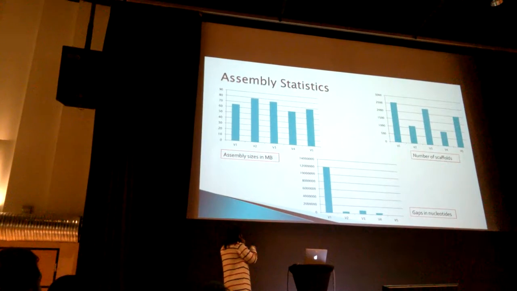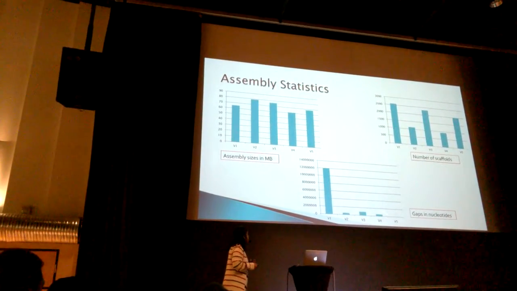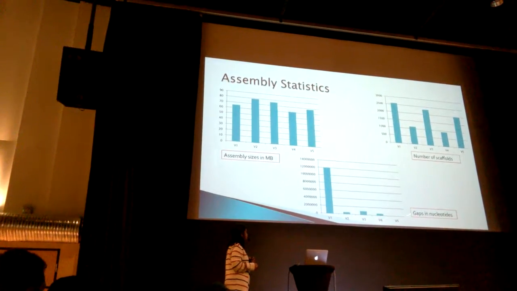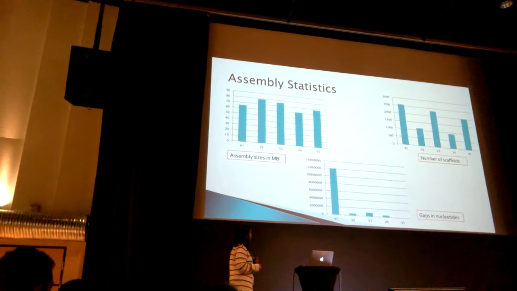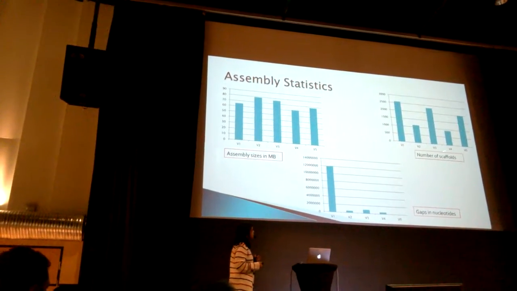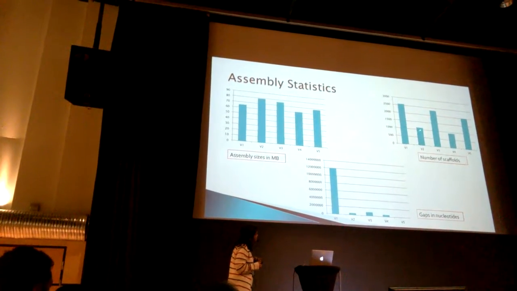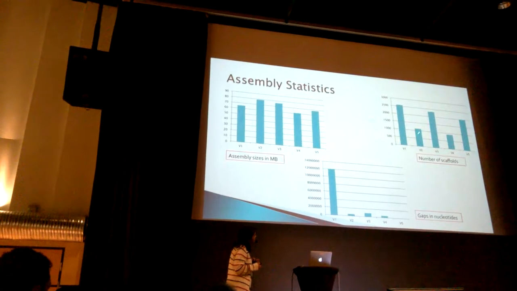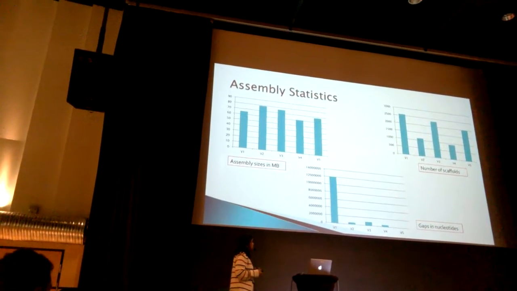The V2 assembly looks pretty good, but it has fewer error corrected reads. Here the gaps are almost not there, and this was the V1 assembly which has 12 MB gaps, and the others had gaps but they have not completely closed down. The number of scaffolds was good here, but the genome size was less. Similarly here we had a problem of not including most of the error corrected reads.